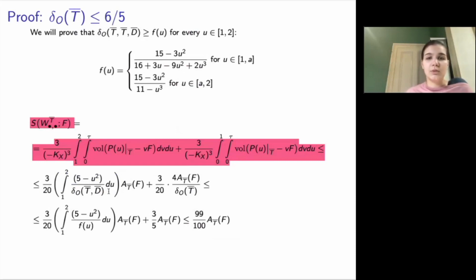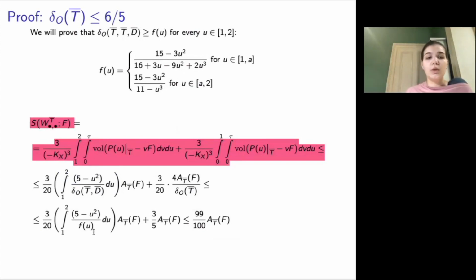And for this integral, we can rewrite it as: this is the volume of the divisor D, and here will be our local delta invariant. So since our local delta invariant for this pair will be greater or equal than this function, then the first integral will be less or equal than the volume of the divisor D over this function.